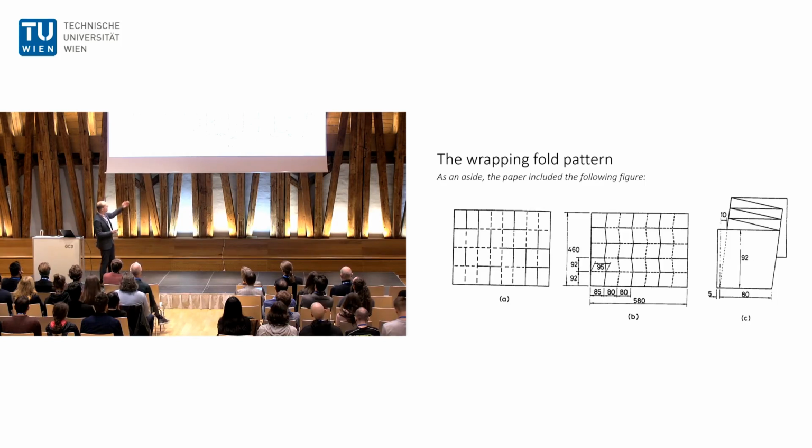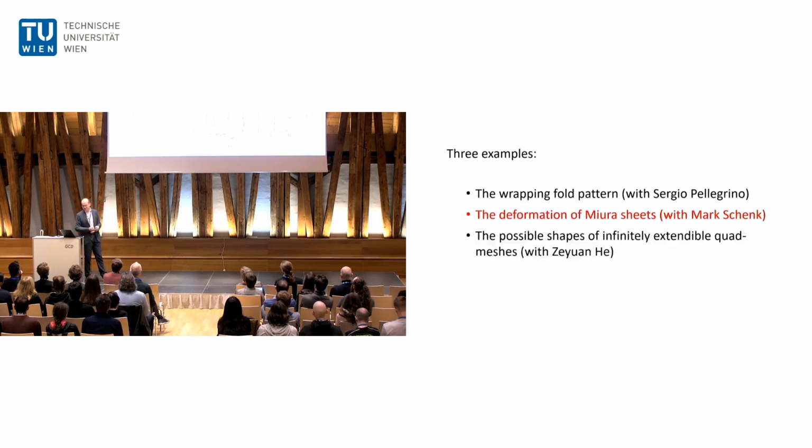So this Miura Ori pattern, which I think many of us are familiar with, then provides a very nice link across to my second topic, which is work that I did with Mark Schenk about 15 years ago. Mark is now working at the University of Bristol.